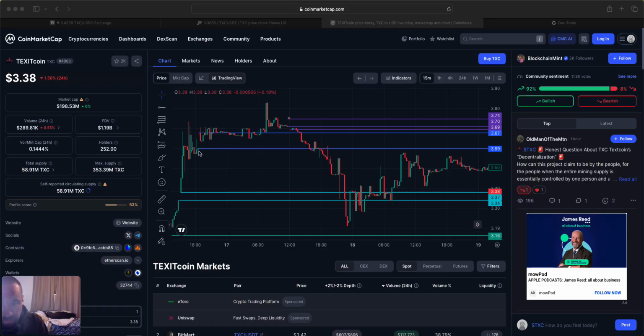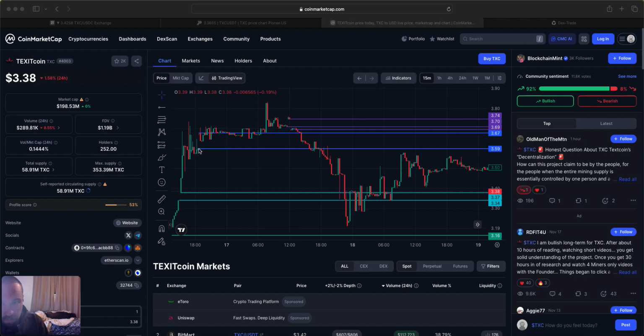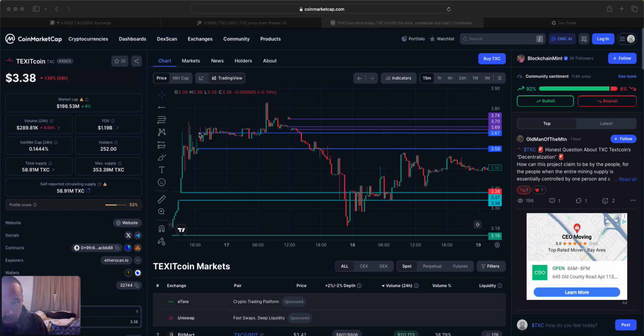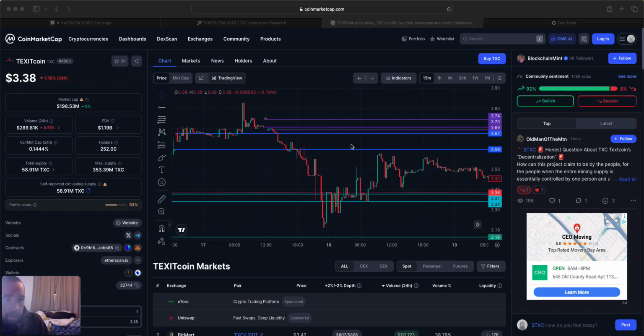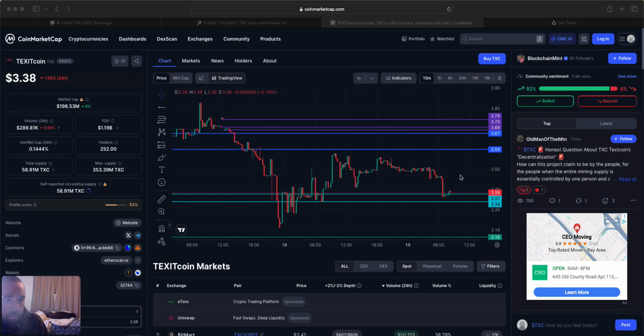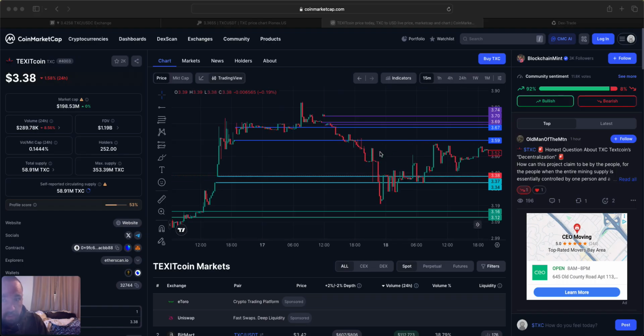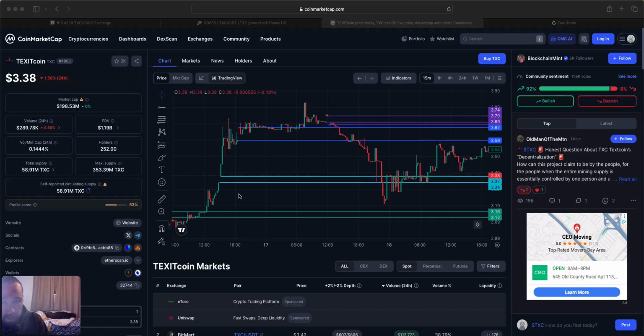So this one opened down here, closed up here, and then we had a gap all the way up here where it opened and closed up here. This is a gap. So we saw some chop in here, and we're probably going to see the price want to come back up to these two gaps. There's going to be a magnet to that zone. What we did with this one came down.